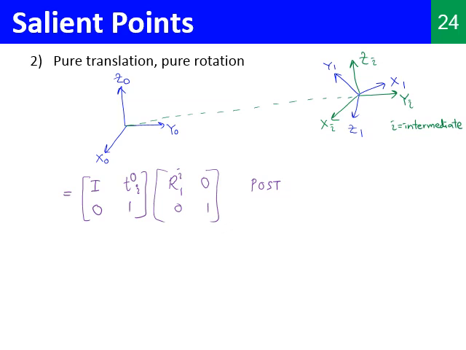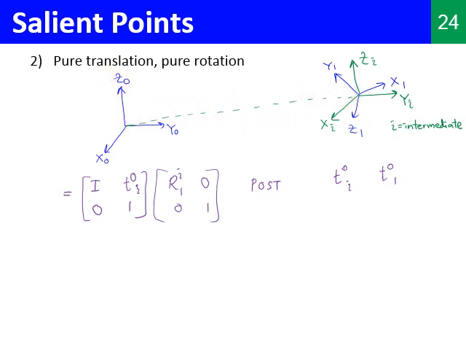Now what can we say about T0I and Ri1, because we again have to get rid of I, right? So we have T0I and T01. So if we look at this figure, we have Ti vector expressed in 0th frame, and we have T1 again expressed in 0th frame.